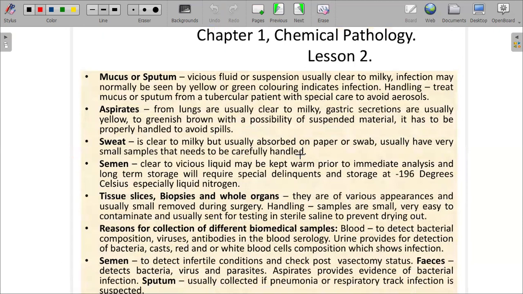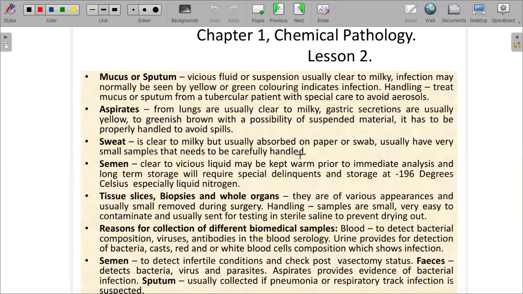Still on that, we also need to look at the mucus or sputum test, chemical pathology. Don't forget that we are still looking at samples that can be used for chemical analysis. Mucus or sputum is a viscous fluid or suspension, usually clear to milky.